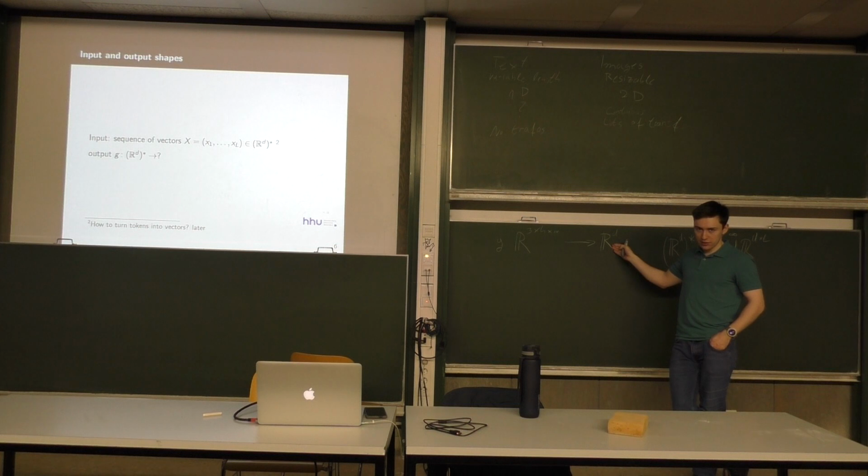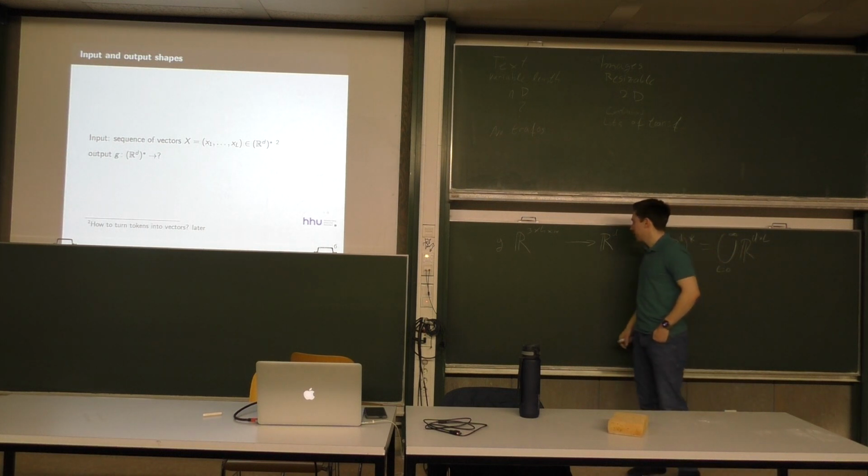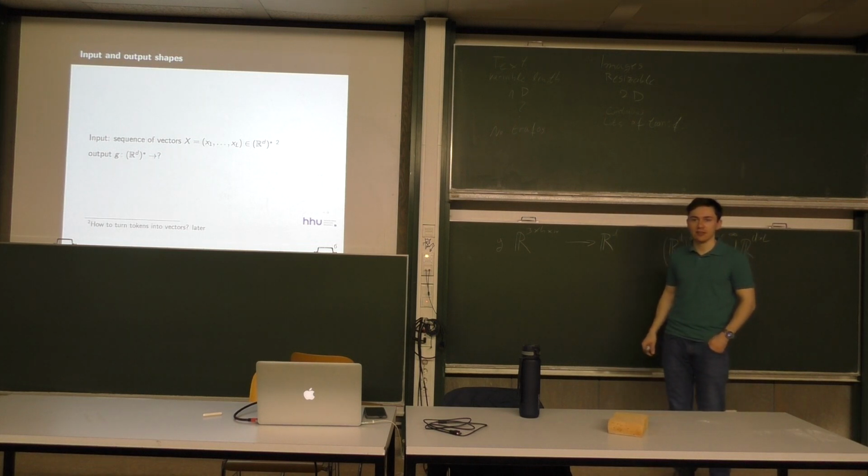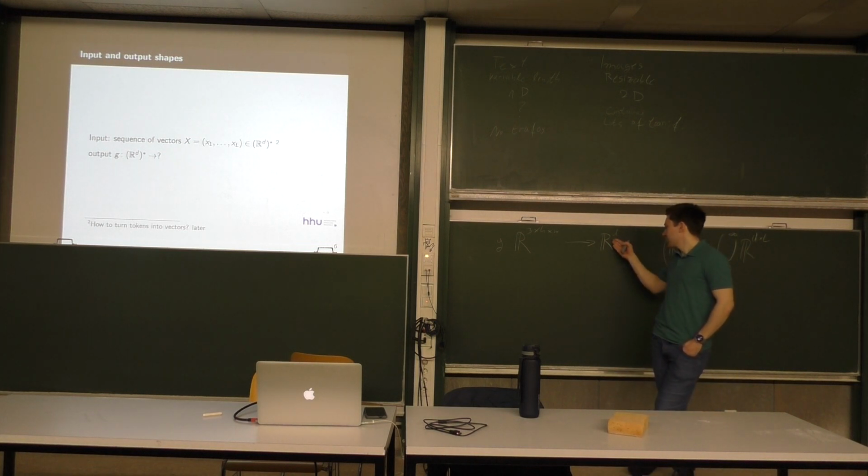Would this be a good idea for text? The way I ask this, you can probably guess that the answer is no, it's not a good idea. But why do you think representing a text as a single vector might not be a good idea?